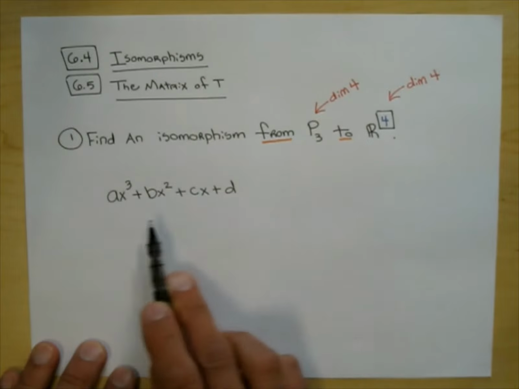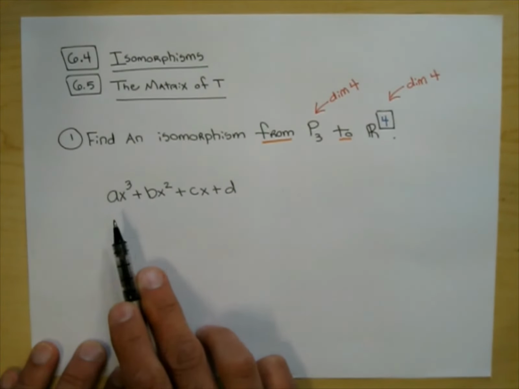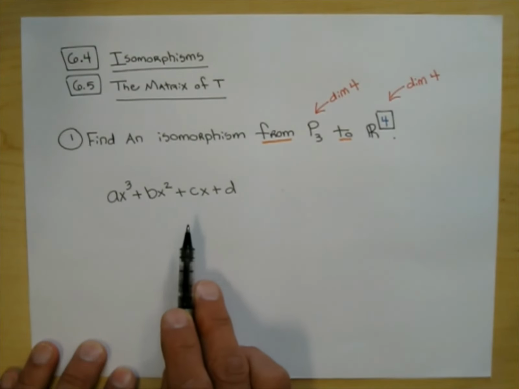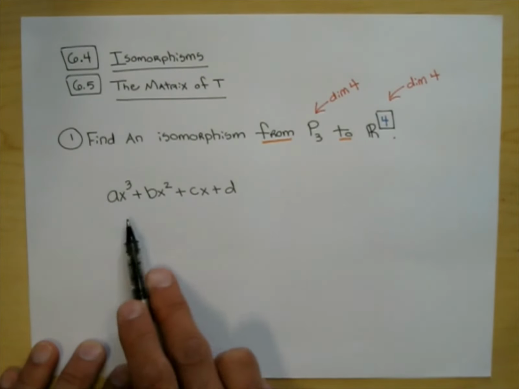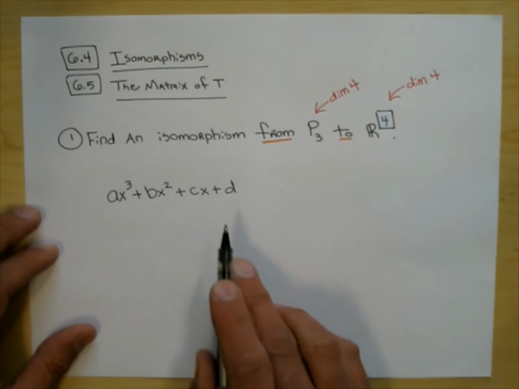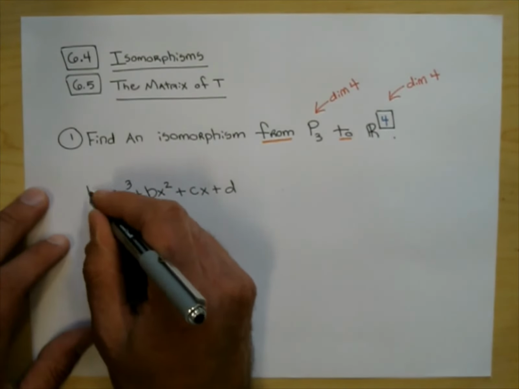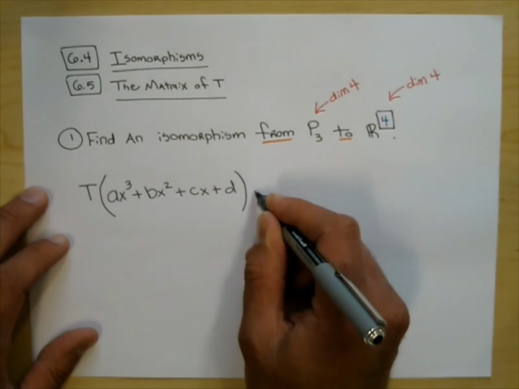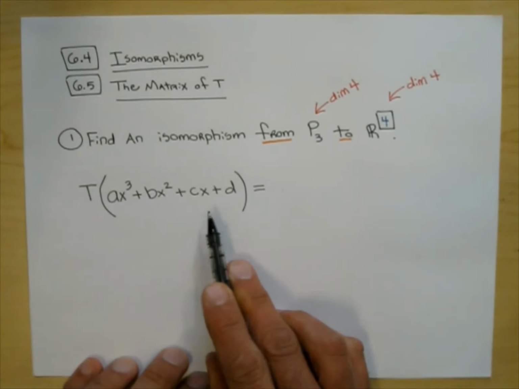Could we have written this differently? Yes. Sometimes people will write this as a plus bx plus cx squared plus dx cubed. Tomato, tomato. Who cares? As long as it is a general element. Now my isomorphism is a linear transformation, so I'm going to take that and map it to R4.